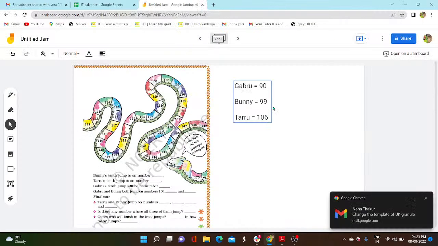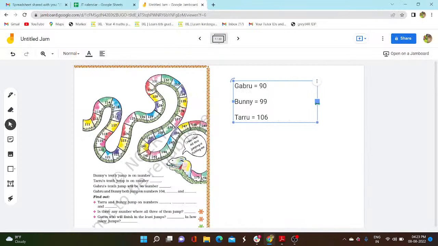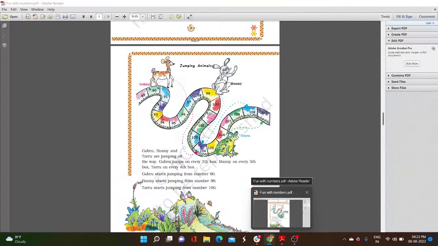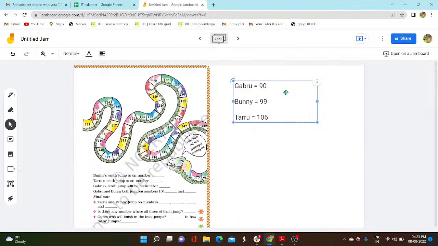Now all the three children are jumping in steps. How many steps? Gabru jumps every 7th box, Bunny every 5th and Taru every 4th.